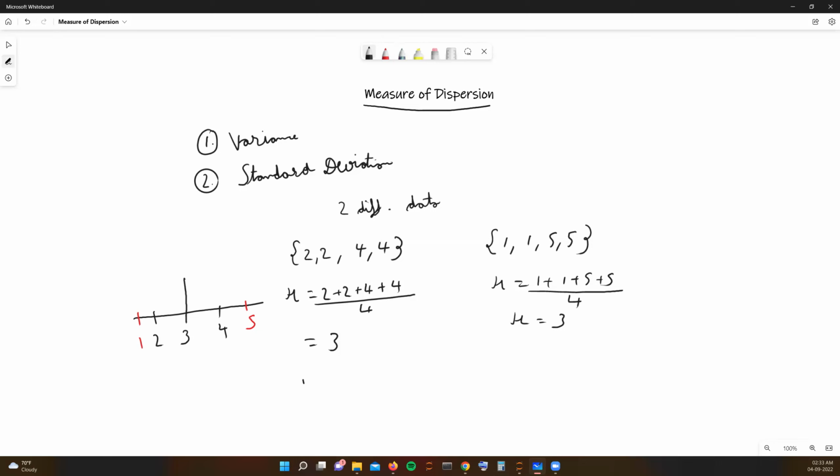Now let's see the formula of variance and how to calculate it. It is for a population, and for population and sample, the formula will change. The population variance is denoted by sigma square, and the formula for it will be the sum of x minus the mean value, squared, because variance is a positive number always, divided by n, with i from 1 to n.